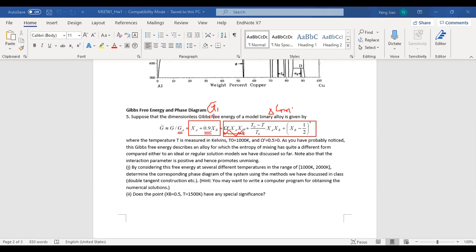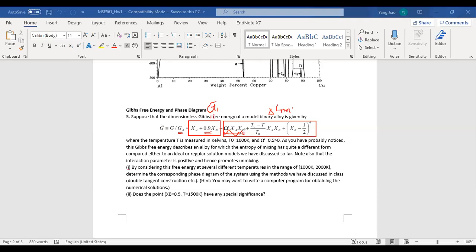Or let me ask you this way: if I give you a free energy like that and ask you to decompose the contribution in the free energy of mixing, tell me which part comes from the mixing enthalpy and which part comes from the mixing entropy. How would you do that? What is the key that tells you which part is from which?